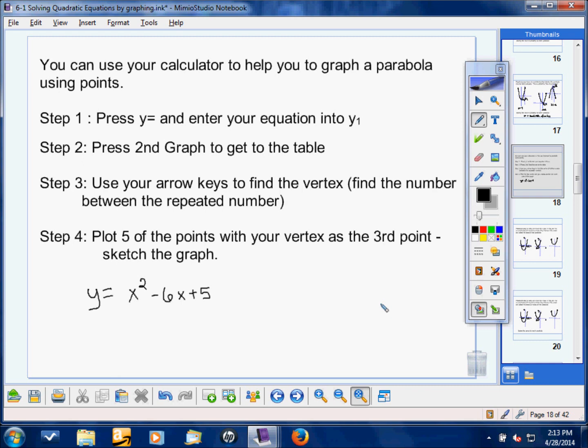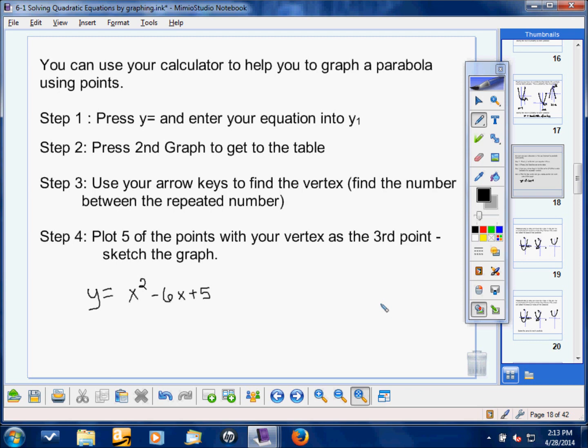What you can see is this is an entire list of points for you. As you start to scroll down, you'll notice that in the Y column, there is a point where the numbers start repeating on either side of that number.